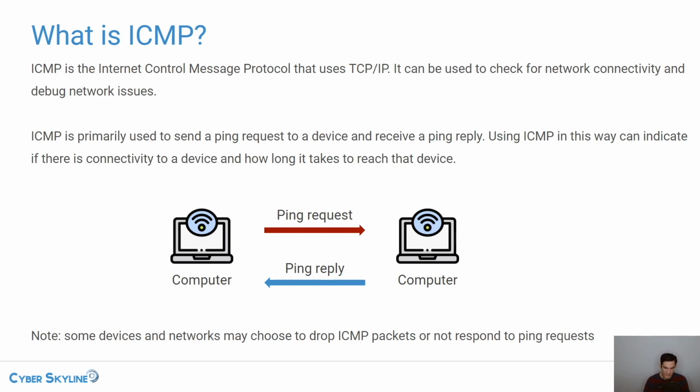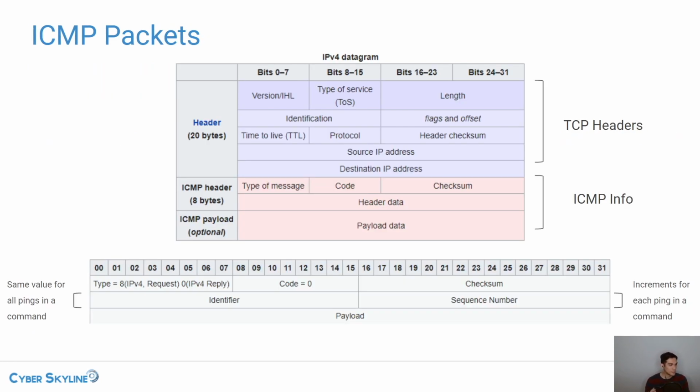And so it's going to send the sequence of pings, and each one of those pings with the same ping command will have the same value for the identifier. That way we can identify which ping packet corresponds to the actual command that we typed.